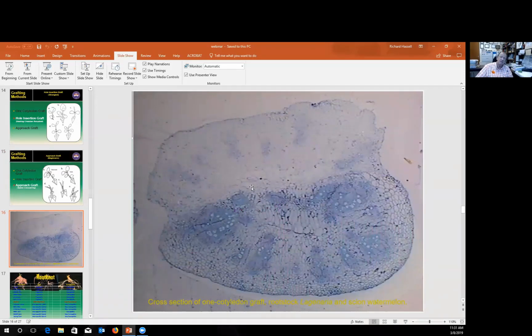In watermelons, cantaloupes, and cucumbers, there's basically 6 vascular bundles that you're trying to match up. And so when you put those two together, you're trying to match that area up so it heals. That's very important. This just shows you a cross section of one of the rootstock materials, showing how grafting actually heals and takes part.